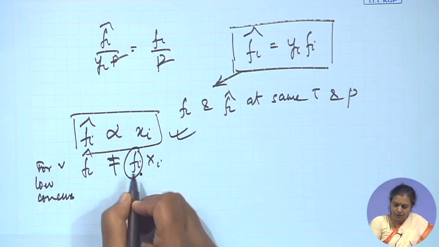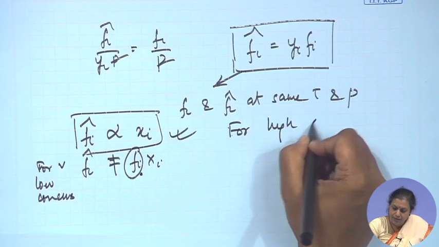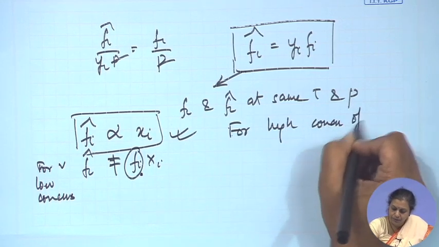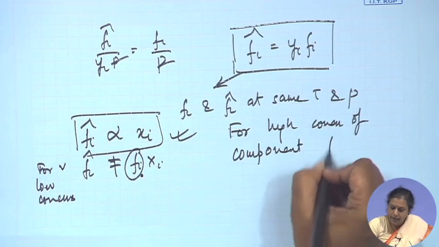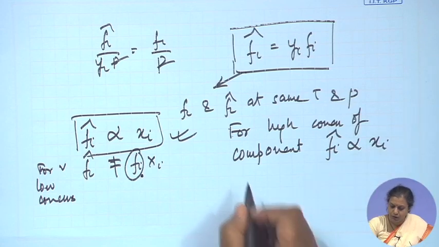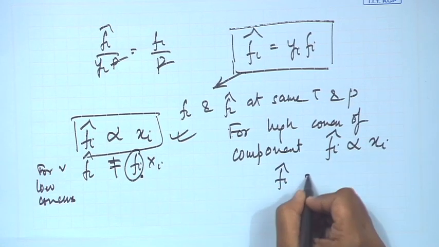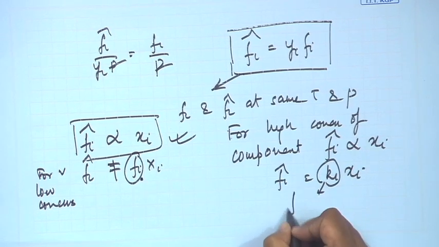So, we know that for high concentration of a component, the partial molar fugacity is proportional to the mole fraction, or F̄i equals Ki Xi, where Ki is equal to the pure component fugacity.